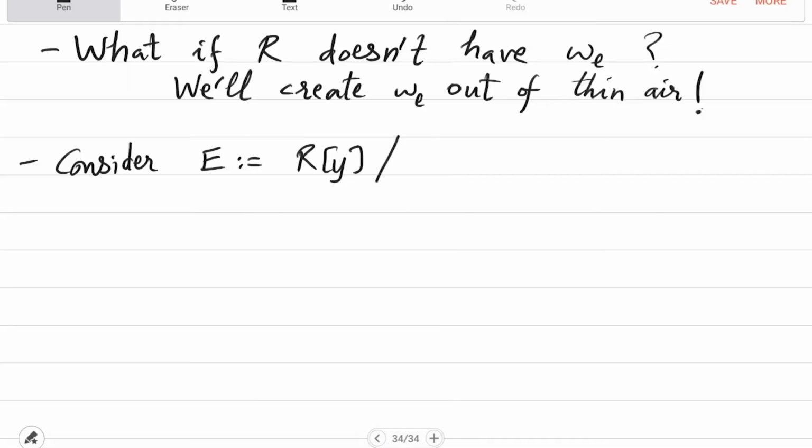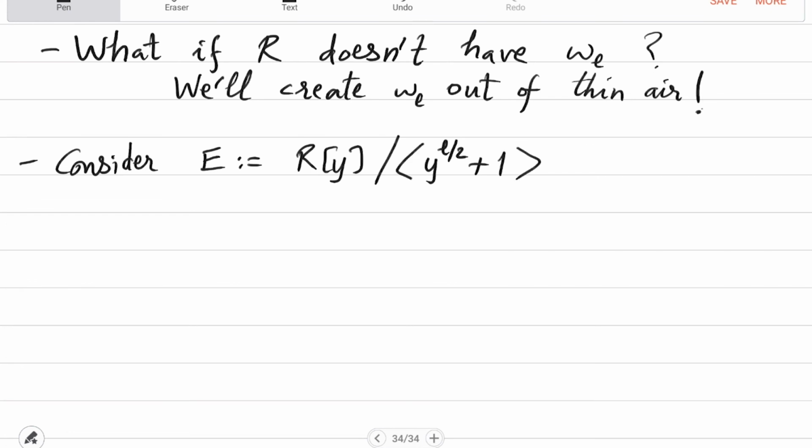It is not the correct choice, because modulo y to the L minus 1, y doesn't have order; it doesn't behave in a primitive way. So for it to be primitive, you want y to the L by 2 to be minus 1. So you will mod out by y to the L by 2 plus 1.